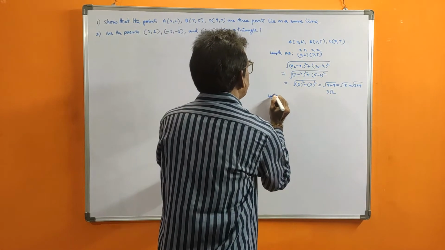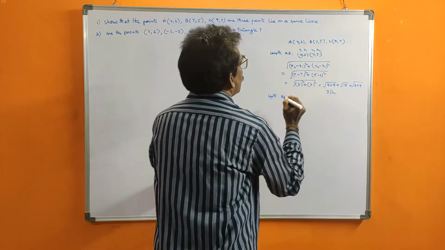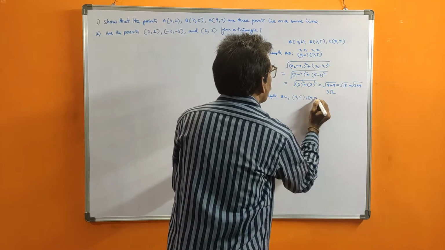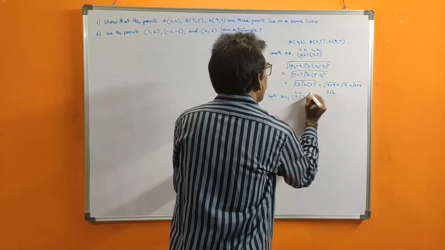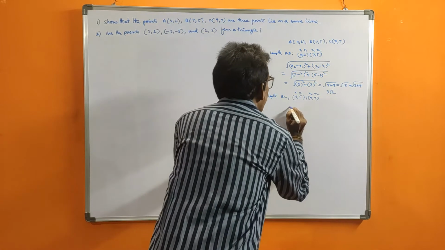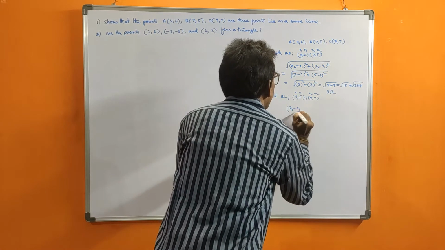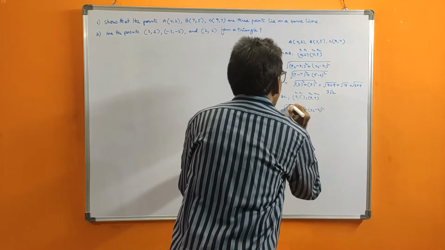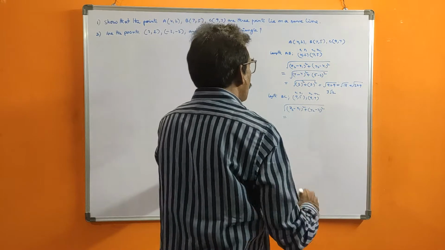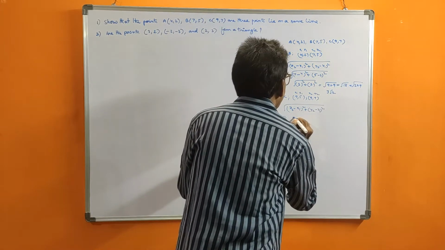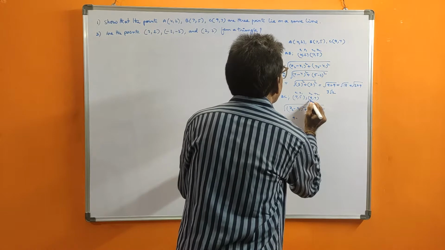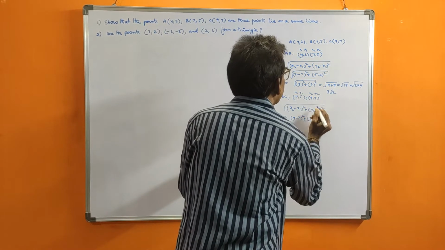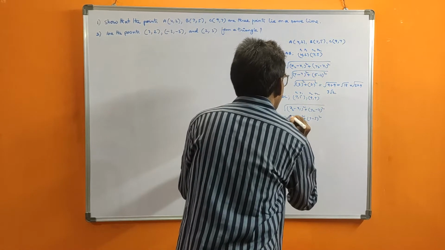Next, length BC. B point is (7, 5), C point is (9, 7). So let it be x1, y1, x2, y2. Write the formula: length is the square root of (x2 minus x1) whole square plus (y2 minus y1) whole square. x2 9 minus x1 7 whole square plus y2 7 minus y1 5 whole square, root.